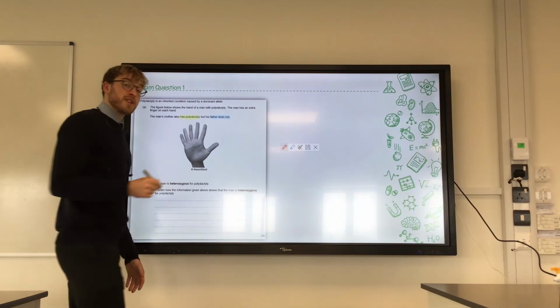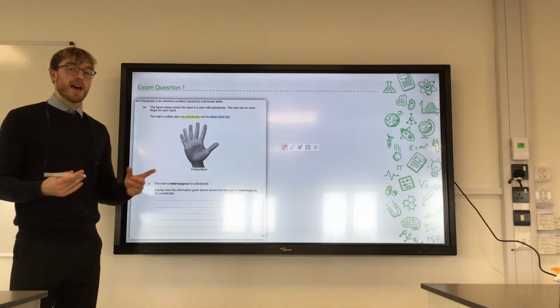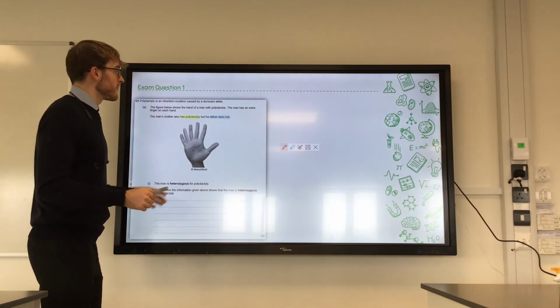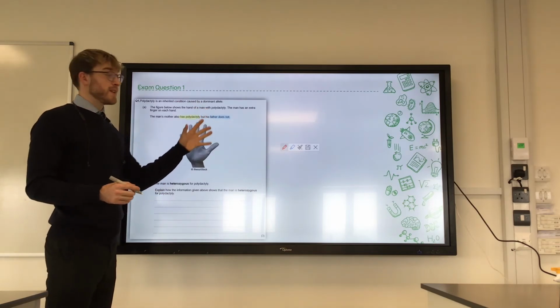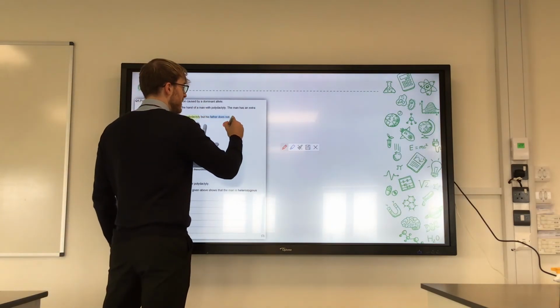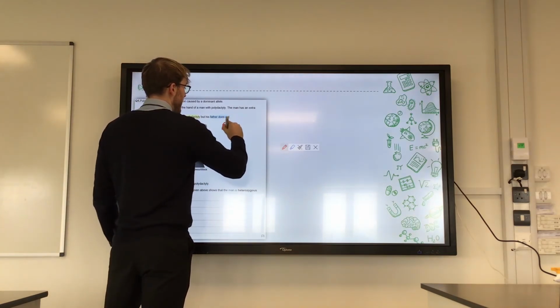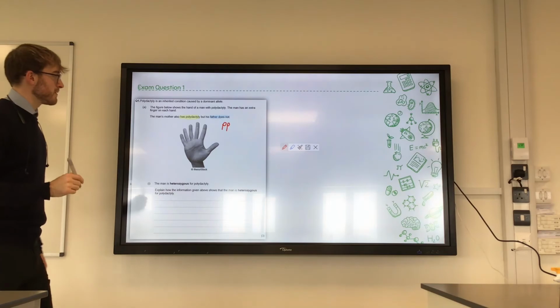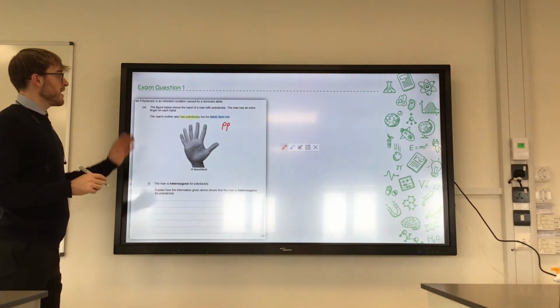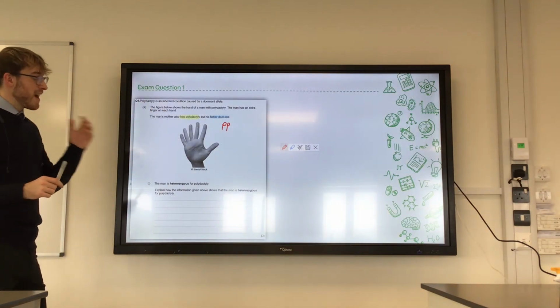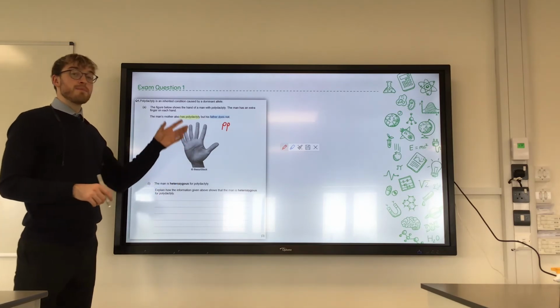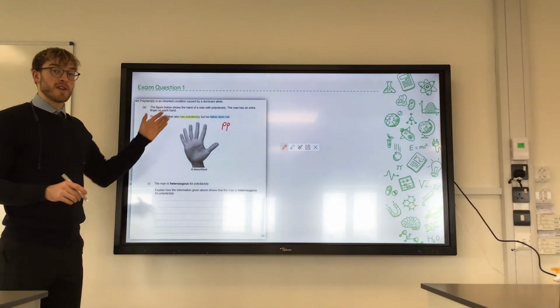Well, if it's a dominant disease, then to have polydactyly, you just have to have 1 copy. So this father who does not have polydactyly must have no copies. So let's use P. They will be pp, homozygous recessive. If that's the case, then to have polydactyly, the man must have got the dominant allele from his mother.